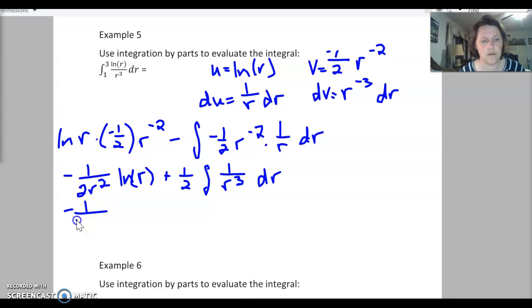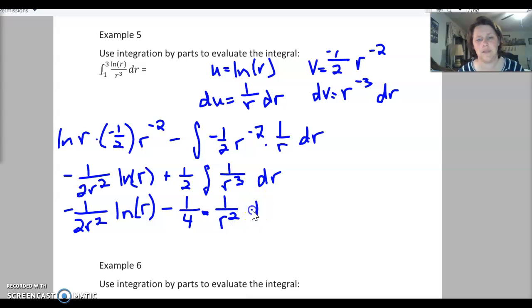So negative 1 over 2r squared natural log of r. Integrate this, we're going to get negative 3 plus 1, negative 2, divide by that number, so it's going to be a negative 1 over 4. Skipping a lot of steps there, hope that's okay. And then that is 1 over r squared. And then plus, oh no, not plus c, we've got to, yes I do.